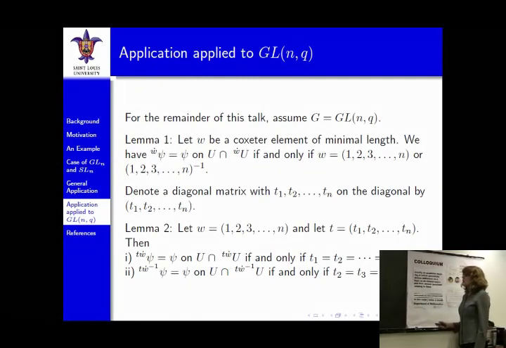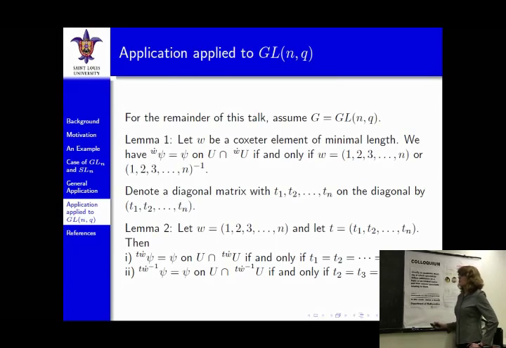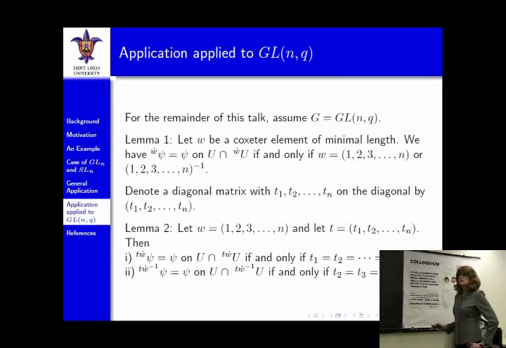This is the W's I want. So I started with W's only to be Coxeter elements of minimal length because those are the only ones that I'm going to hope to have the Bruhat cells all regular. But then unfortunately all of them are thrown out except for these two. But then we get some more basis elements by throwing in T as well here.